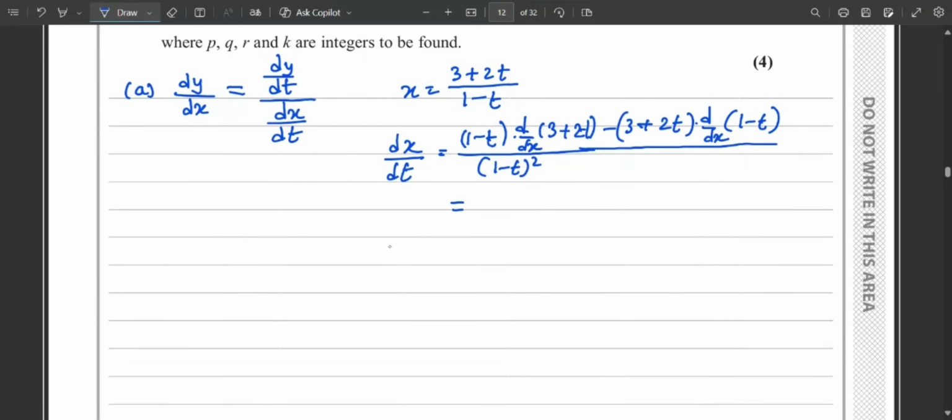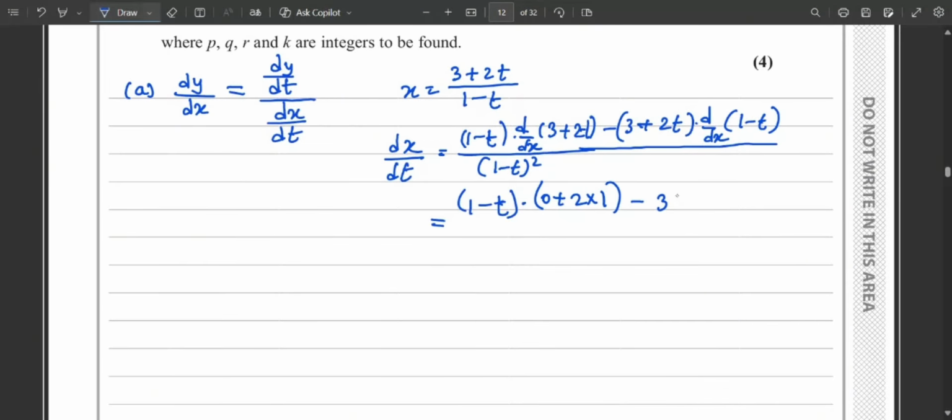We will now simplify. In the numerator we have 1 minus t into the derivative of 3 plus 2t. The differentiation of 3 plus 2t equals 0 plus 2 into 1.